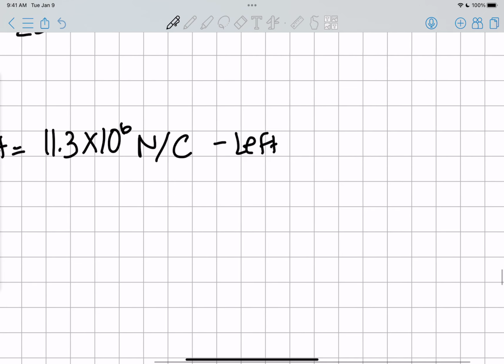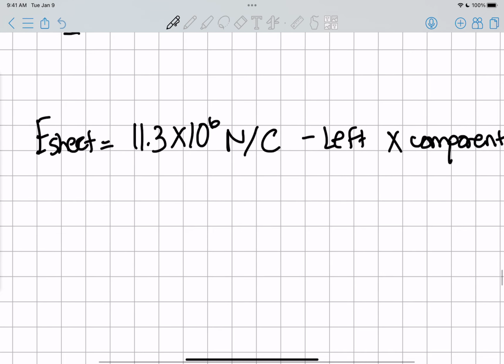So that, in and of itself, is our X component right there. But we have to adjust this to be negative. Why is it negative? Because it's pointing in the negative X direction. We want our EX to be negative because it's pointing in the negative X direction.